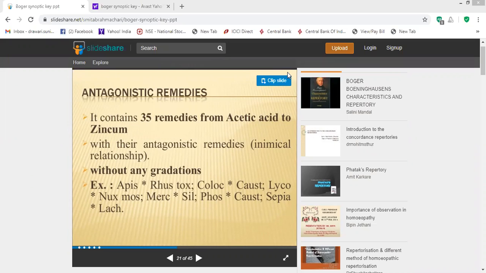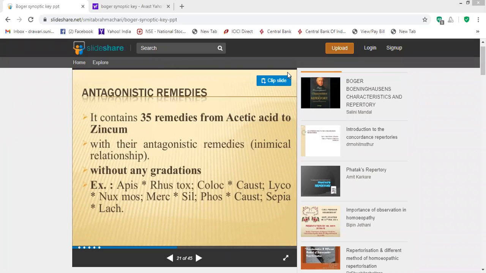When we are treating the patient with these remedies, these substances act against the action of the previous medicine, or they block its action.